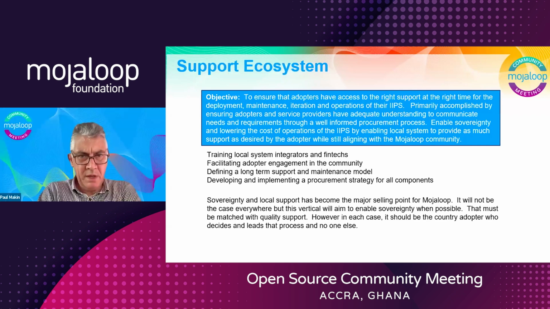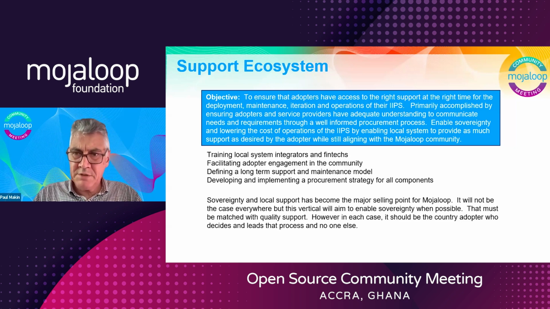The support ecosystem. This is about supply chain management, and any good adopter is extremely keen on getting this right. So it's also about identifying support. The Mojaloop Foundation works hard to make sure that there is local support within your country, through the development programs and training programs that we have, and we're very keen that an adopter should keep their sovereignty and use that local support.